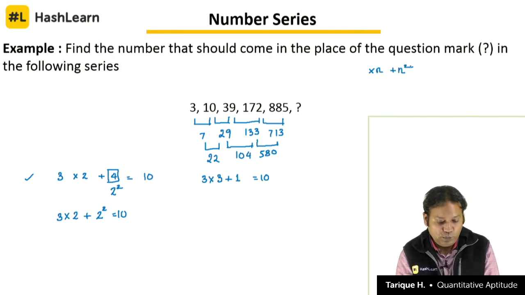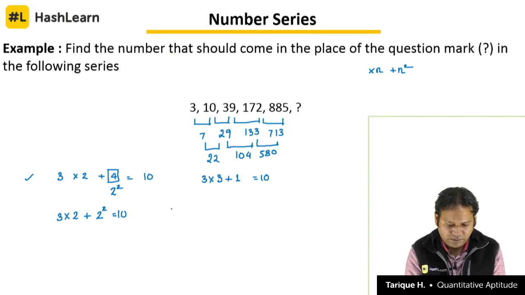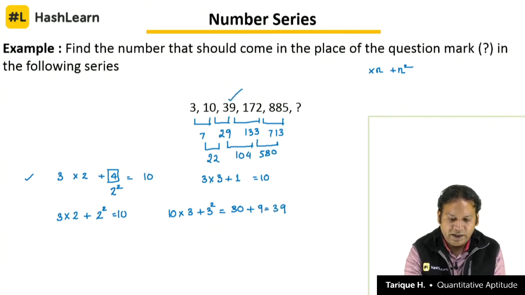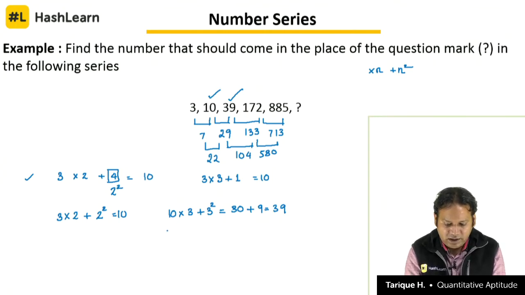The next number can be 10 into 3 plus 3 square, and that is correct because 10 into 3 is 30 and 30 plus 9 is equal to 39. So now we have got 10 and 39. Similarly, 39 into 4 plus 4 square.